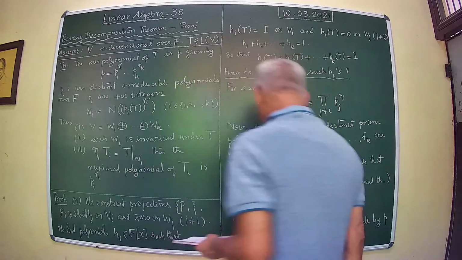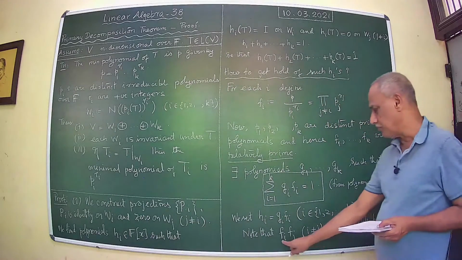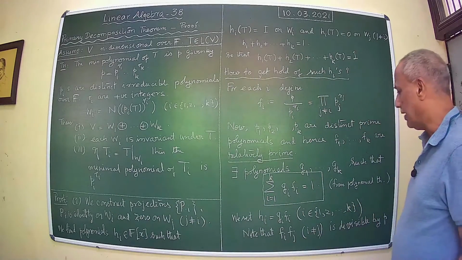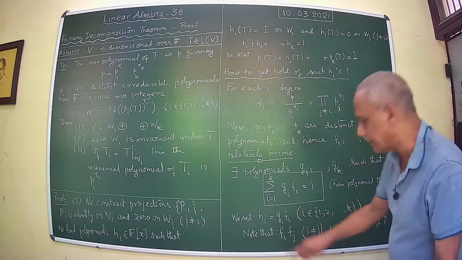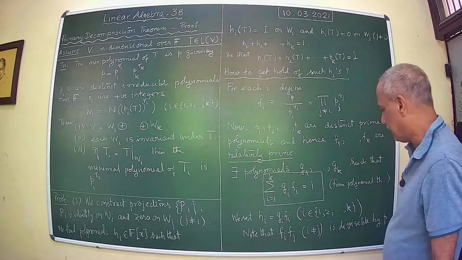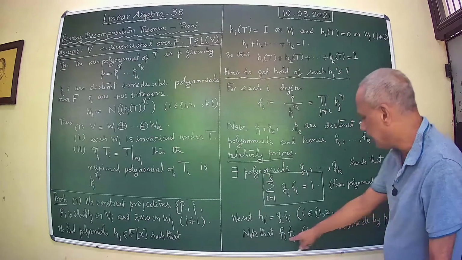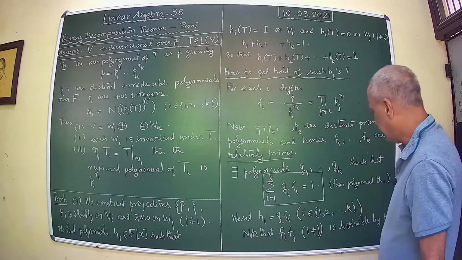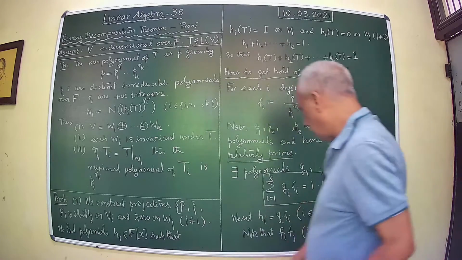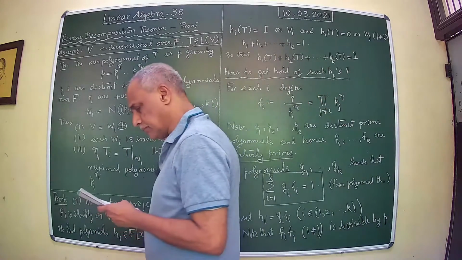That's clear, because from fi one factor is missing, but that factor is available in fj whenever i is different from j, and vice versa. Therefore, p divides fi fj for all i different from j.